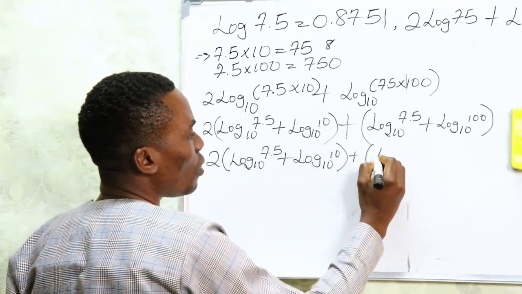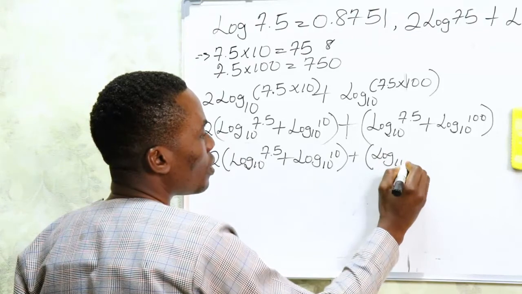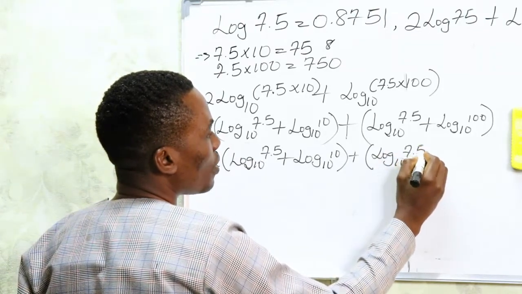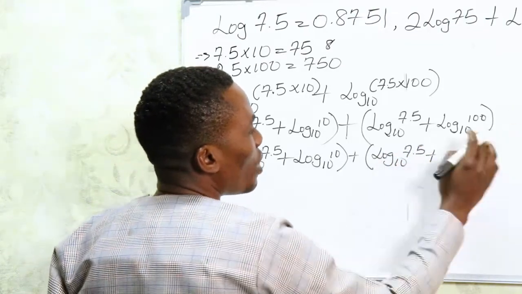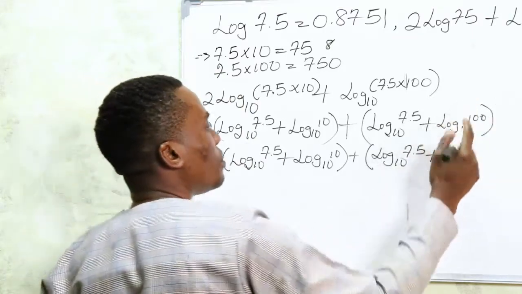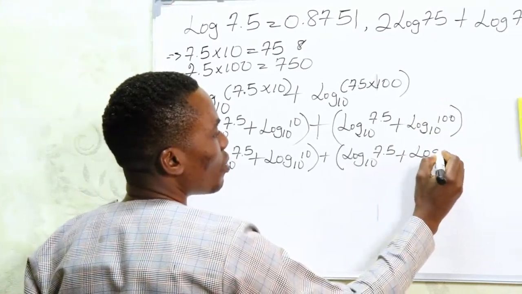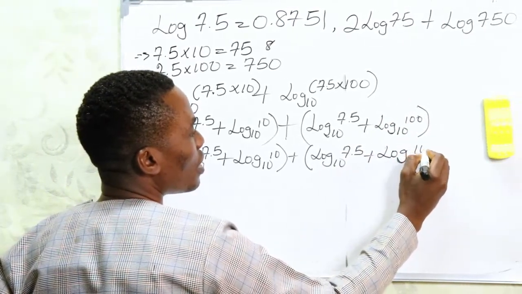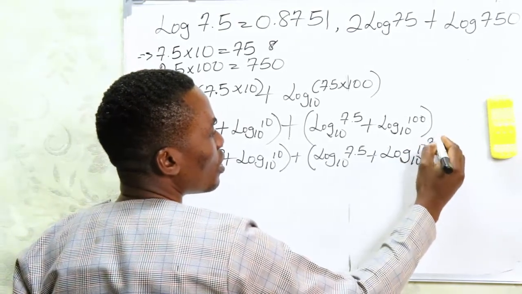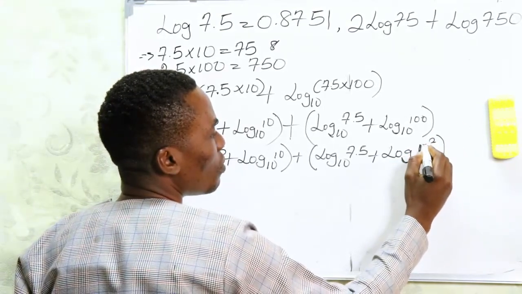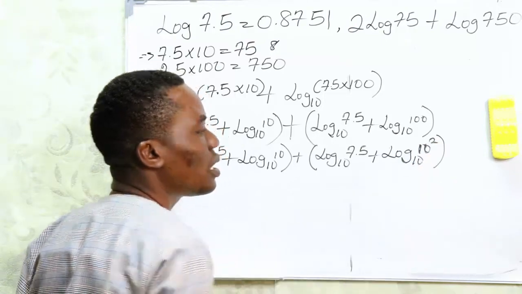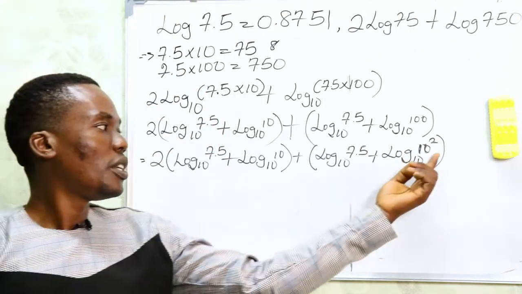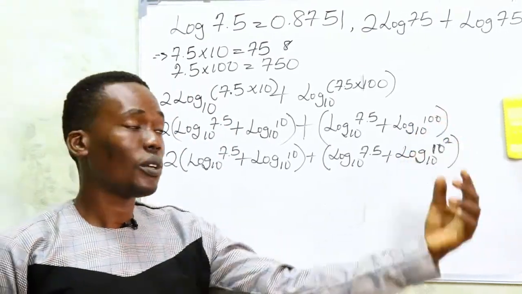Plus log base 10 of 7.5, plus, remember we have log of 100 base 10, so it's going to give us log of 10 base 10 squared, because 10 raised to power 2 is 100.